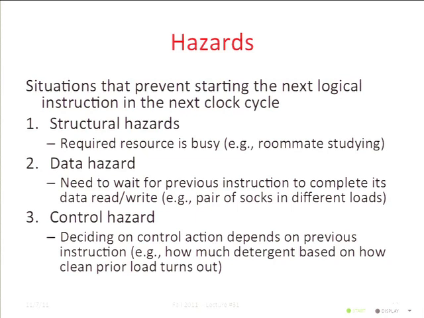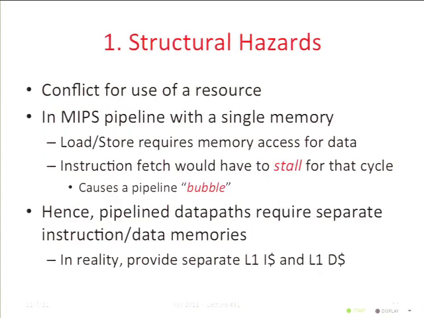So these are all things that can mess up pipelining, and not surprisingly, we have solutions for many of them. Otherwise, we wouldn't use pipelining. So let's talk about how we solve them. Okay, so structural hazards are maybe the easiest to understand.